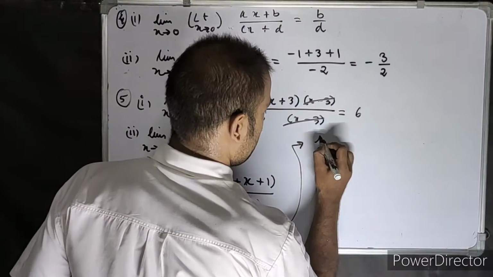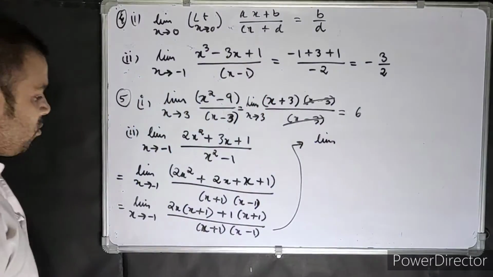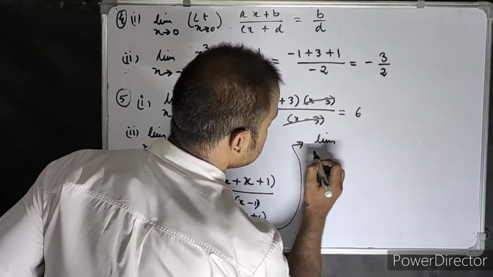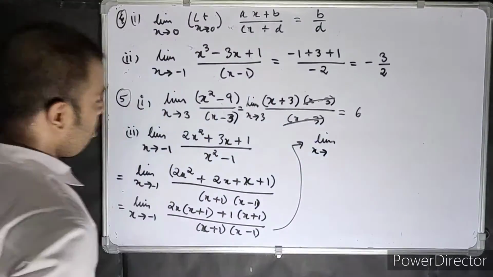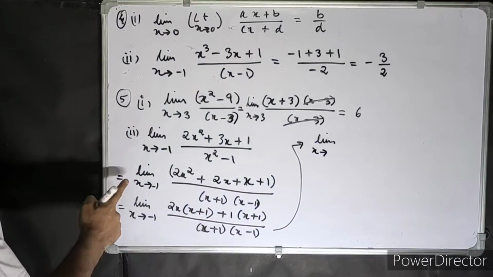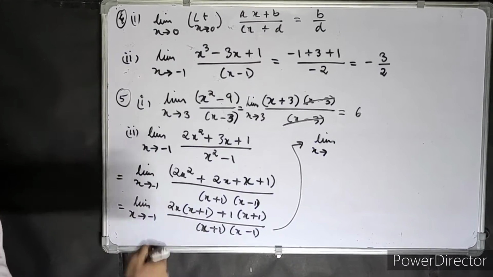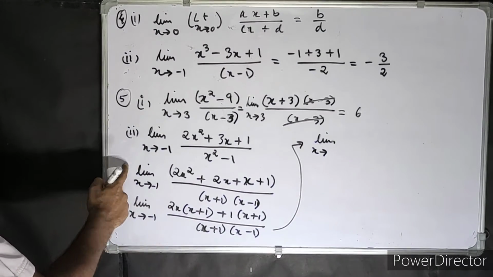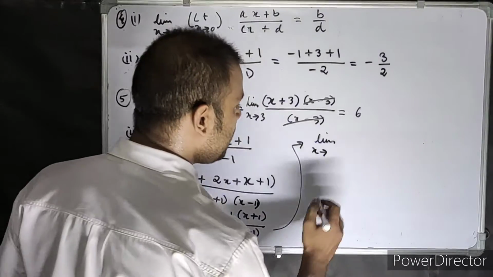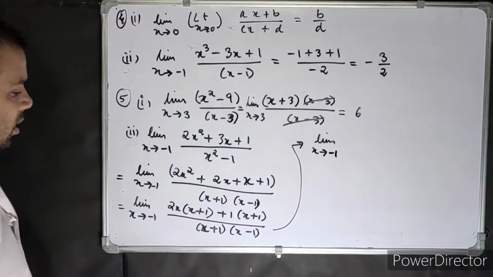Since this is your first time doing limits, make sure you know all these things. Don't write here and then forget about this and keep on going. Then you will get 1 mark cut every time.